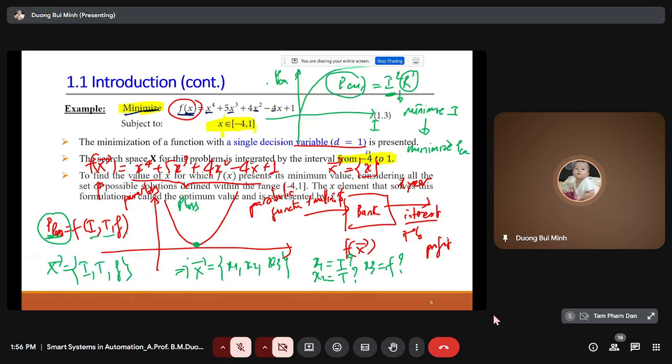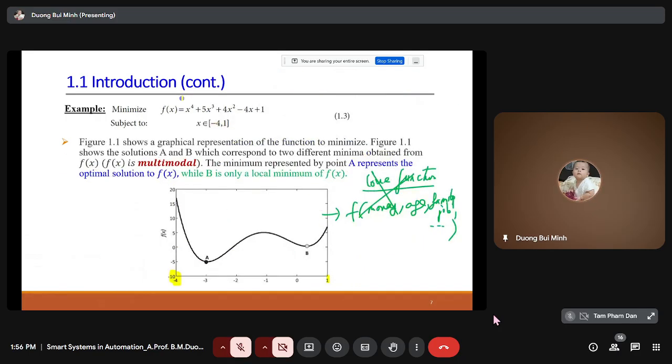So now we have the limits of x. We try to figure out what x is in such a way that f(x) is minimum, and we know x is greater than or equal to -4 and less than or equal to 1. This is -4, this is 1.